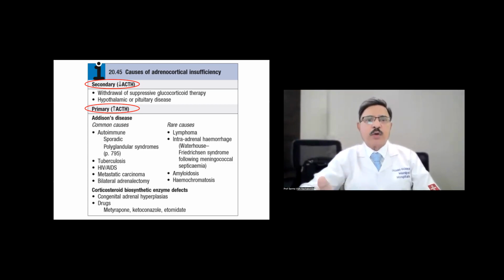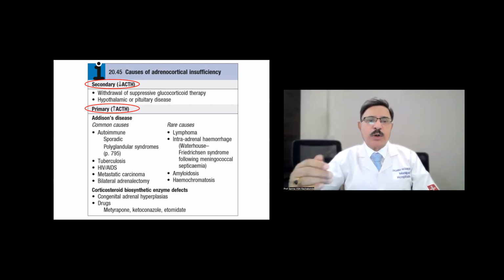Common causes: autoimmune, sporadic, polyglandular, tuberculosis, HIV, AIDS, metastatic cancer, bilateral adrenalectomy. Rare causes like lymphoma, Waterhouse-Friderichsen syndrome, meningococcemia with apoplexy, intra-abdominal hemorrhage, hemorrhage into the adrenal, so much adrenal is destroyed.